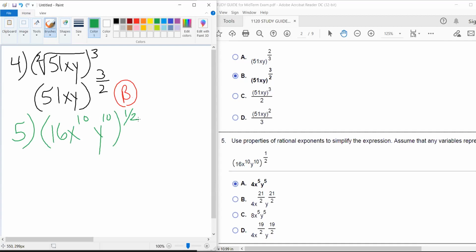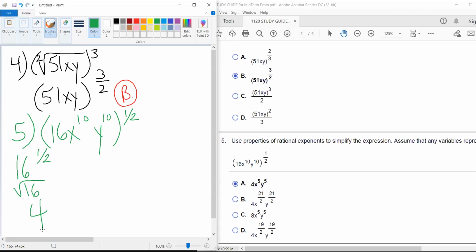So this means that each power, everything on the inside is being raised to the 1/2 power, including that 16. So let's get that out of the way. 16 to the 1/2 power. When you change this back to a radical, this is the same thing as square root of 16.